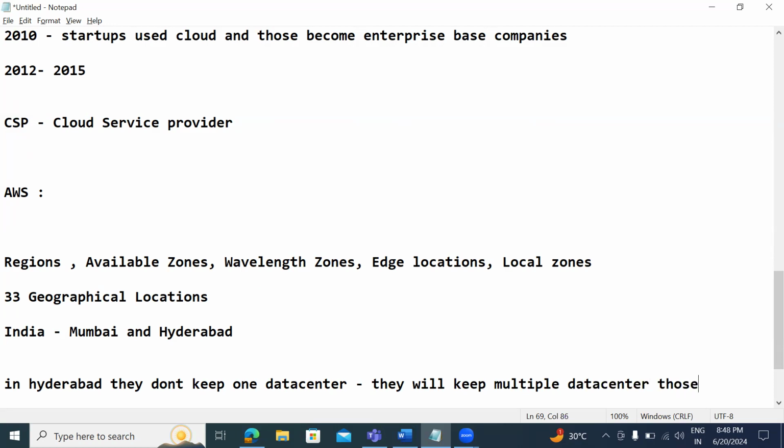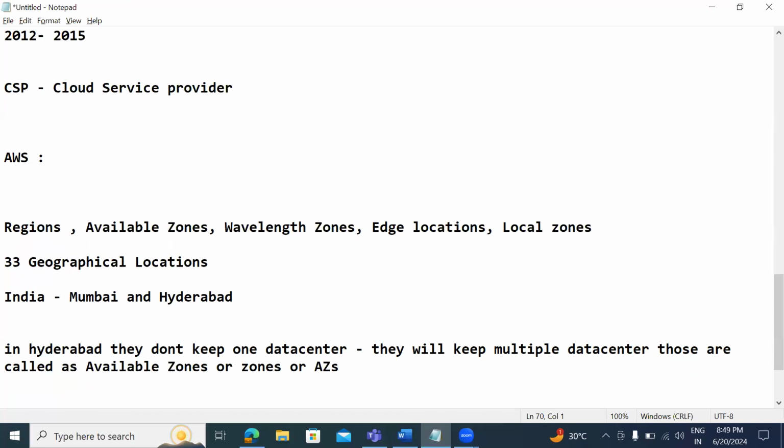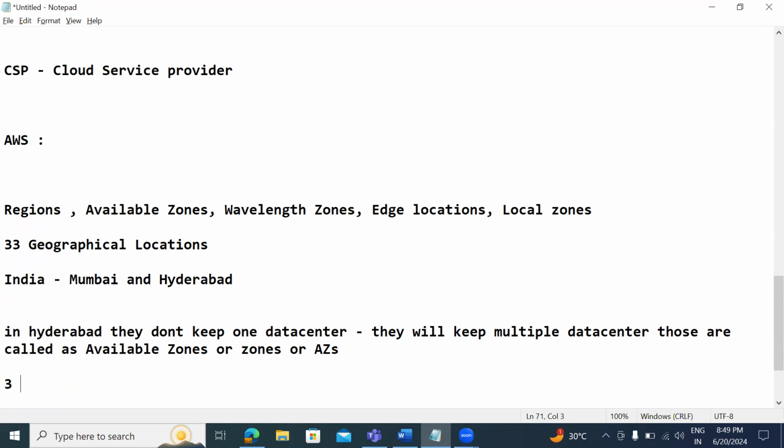Those are called availability zones, or AZs. The concept of an availability zone is that in Hyderabad they don't keep only one data center, they keep 3 availability zones. What is the advantage of availability zones?